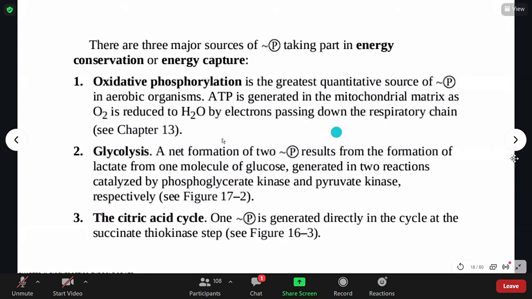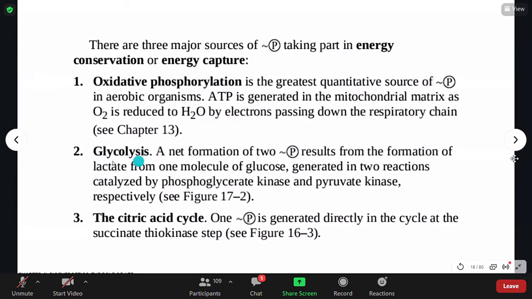Okay. So another source of high energy phosphate capture is glycolysis. Net formation of two high energy phosphates results from the formation of lactate from one molecule of glucose, generated in two reactions catalyzed by phosphoglycerate kinase and pyruvate kinase, respectively. Okay.